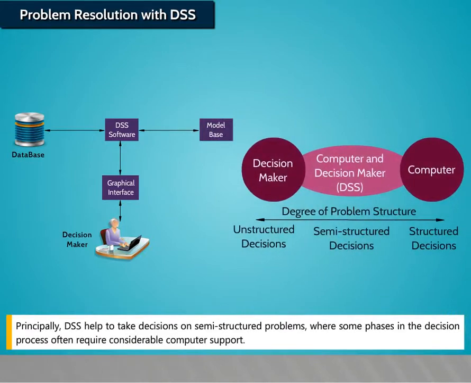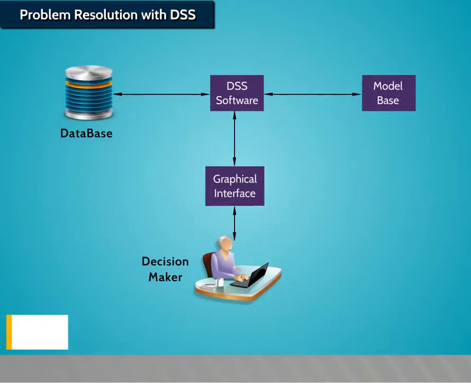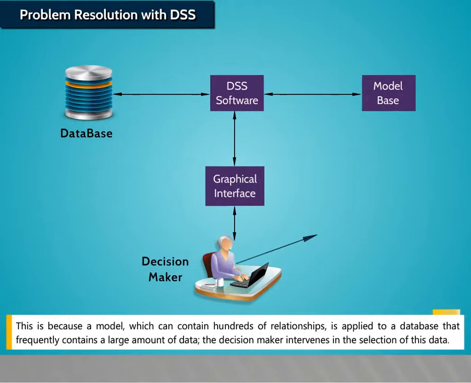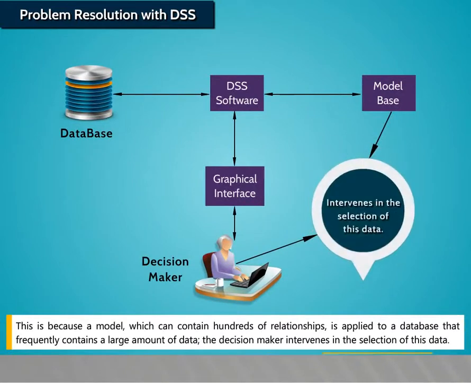Principally, DSS helps to take decisions on semi-structured problems where some phases in the decision process often require considerable computer support. This is because a model which can contain hundreds of relationships is applied to a database that frequently contains a large amount of data.